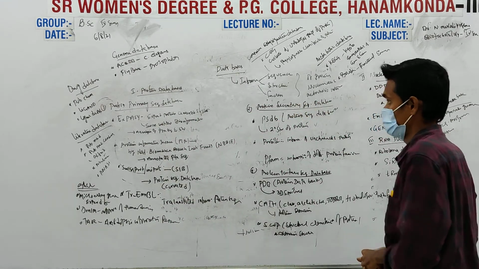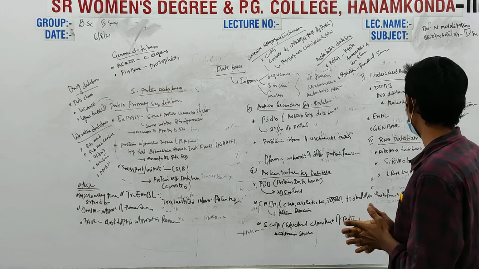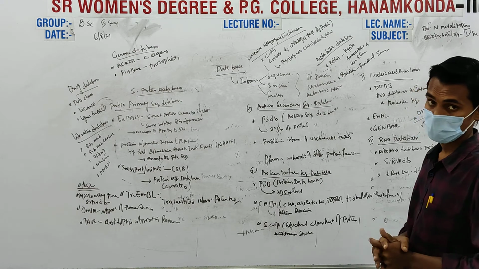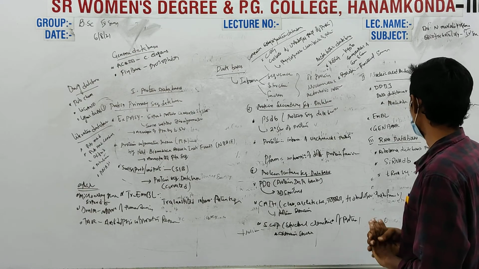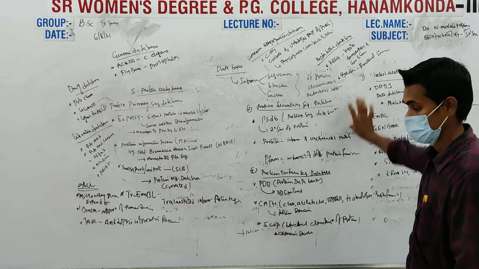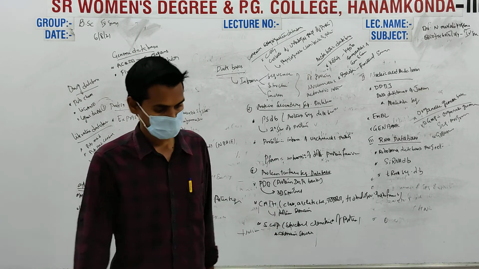Coming to the nucleic acid databases, we have DDBJ, the DNA Data Bank of Japan, which gives the information of nucleotides, and EMBL and GenBank.